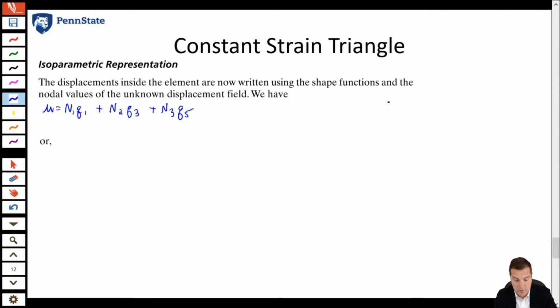If you remember, our element here is 1, 2, 3. Our degrees of freedom: we had a Q1, our local displacement vector, then we had Q2.